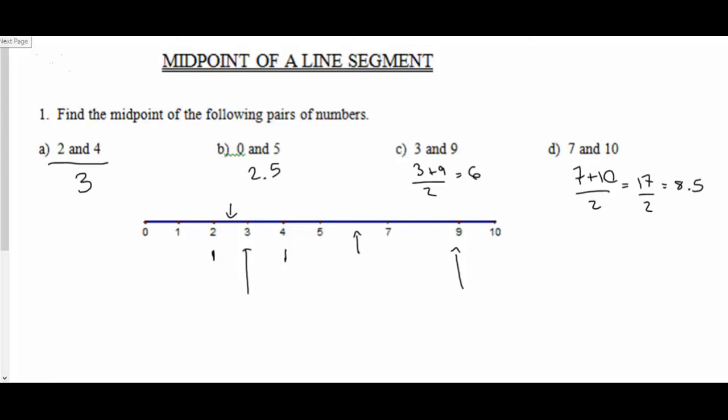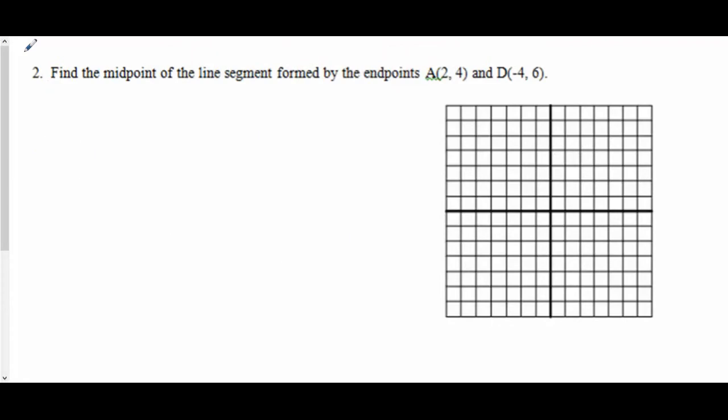So what happens now if I have something two-dimensional? Say I want to find the midpoint of the line segment formed between the endpoints (2, 4) and (-4, 6). Let me just take a second. I'm going to put these on my grid.